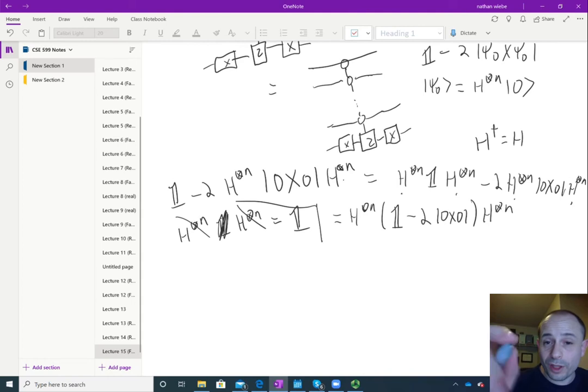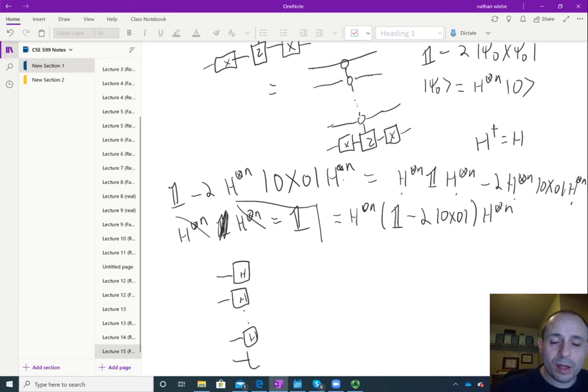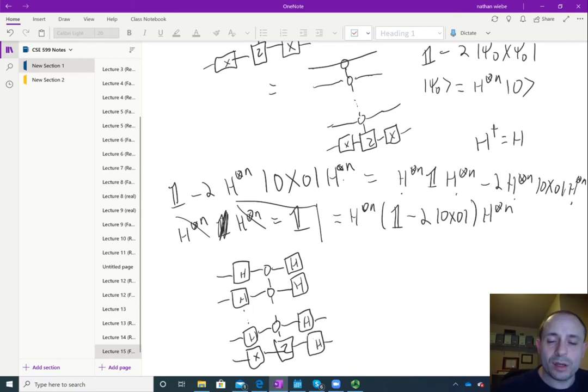And the quantum circuit for this, looking at the above diagram, is H, H, H, X, Z, H, H, H.